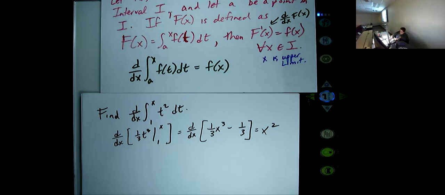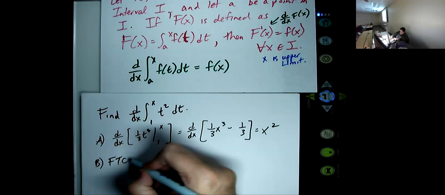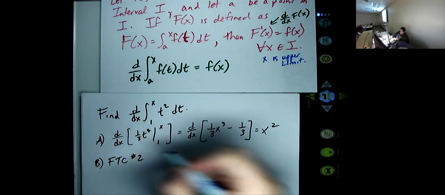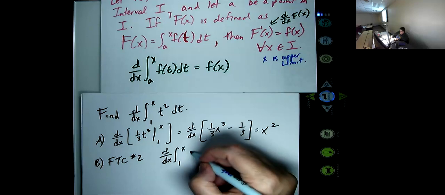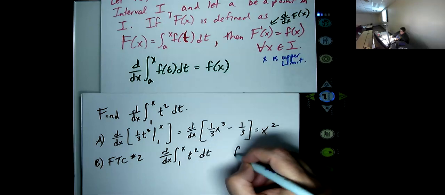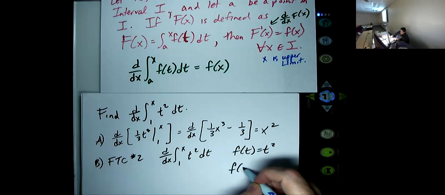That's working it out the slow way, taking advantage of the fundamental theorem of calculus, part 2. So f of t equals t squared. So this is going to turn into f of x, which is x squared.